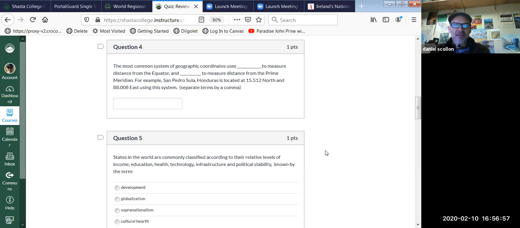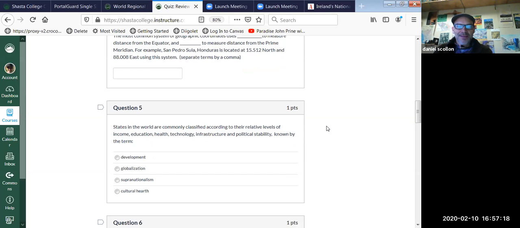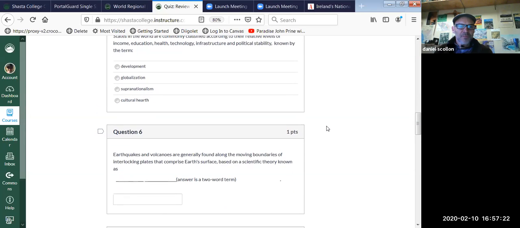We just talked about that a moment ago as a climate control, and also longitude to measure distance from the prime meridian. And again, longitude is not a climate control, but is important for giving us the east-west coordinate location. And you can see I've given you a couple of examples of a latitude and longitude geographic coordinate.